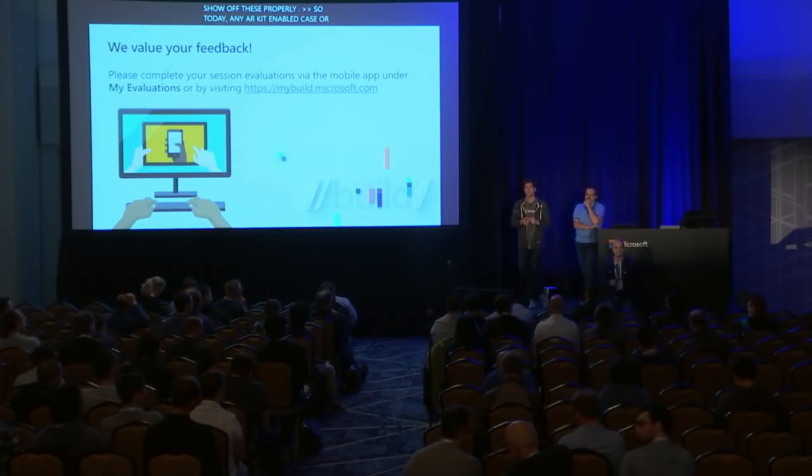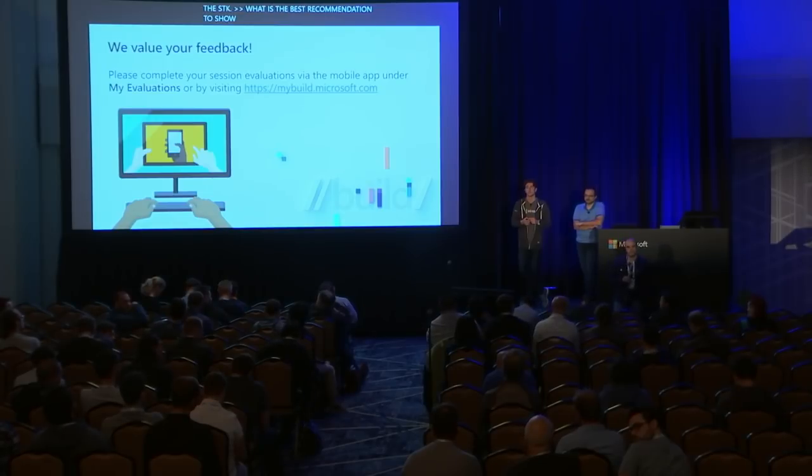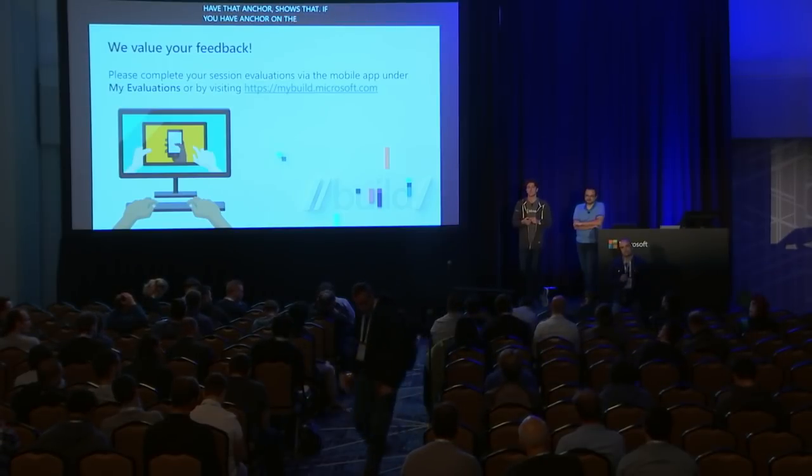And what's the best recommendation to show, like you showed the hello world message, but typically if you have that angle, that's the only time it shows up. But if you have an anchor on moving stuff, then it's difficult to get to our data, I guess.